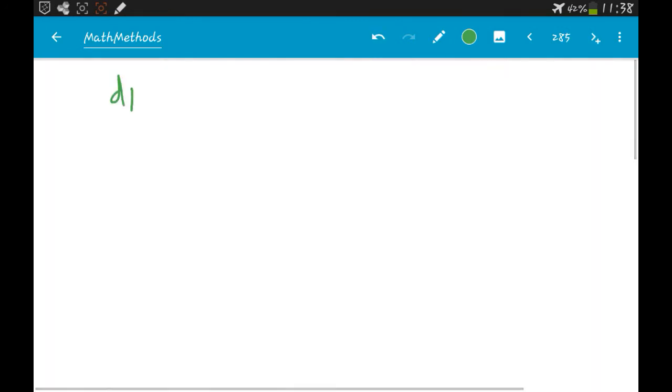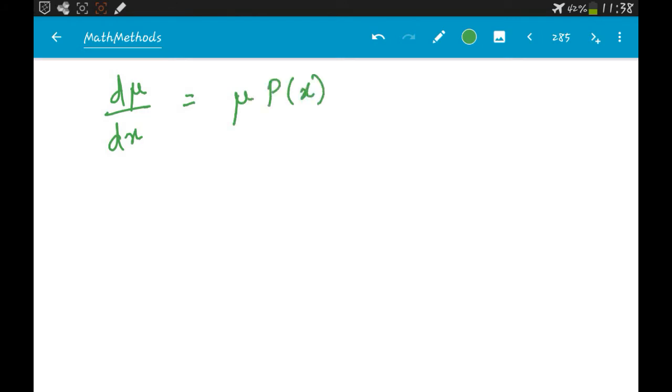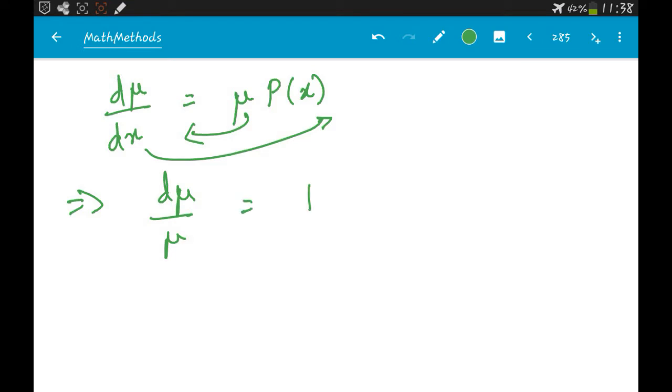Let's write it again: d mu by dx is equal to mu into p of x. What I mean by that is you can take mu to this side and dx to the other side. So on the left hand side you only have terms containing mu, and on the right hand side you only have terms containing x. Now you can integrate this easily.